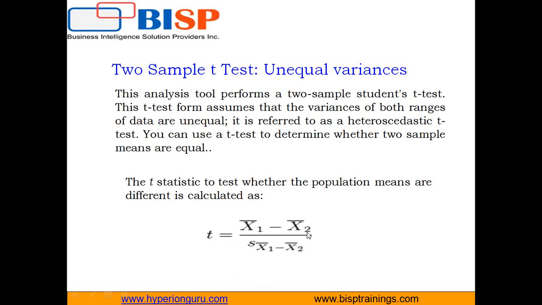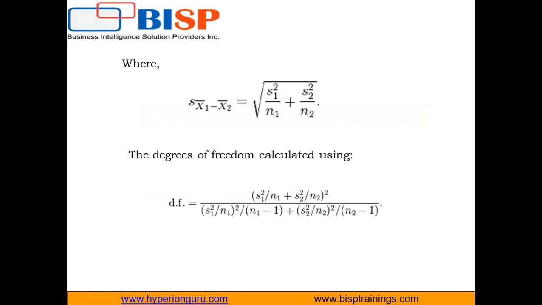X1 bar minus X2 bar divided by S of X1 bar minus X2 bar, where S square is the unbiased estimator of the variance of the two samples, and N1 and N2 are the participants in each group. Note that in this case, S of X1 bar minus X2 bar is not a pooled variance.